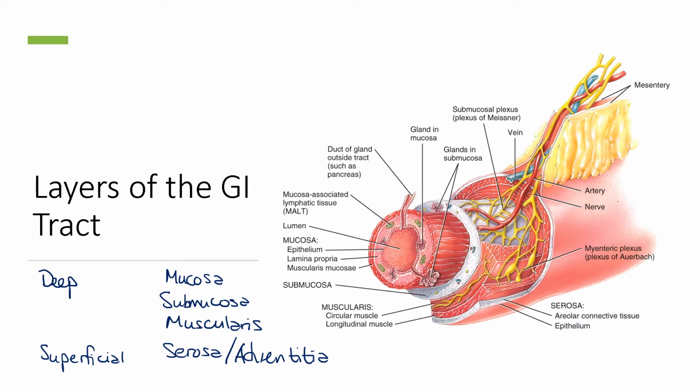Okay, so first off, we'll talk about the mucosal layer. This is the inner lining of the gastrointestinal tract, and essentially it's a mucous membrane with endocrine cells that secrete hormones, mucus, and other secretions. So this is going to be the layer of the GI tract just adjacent to the lumen, or the inside of the tube. So that's that most interior layer of the tube.